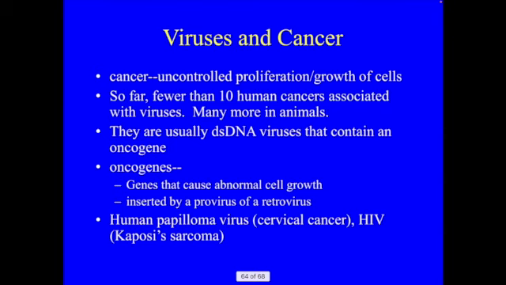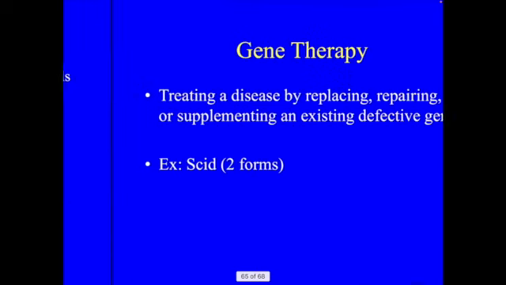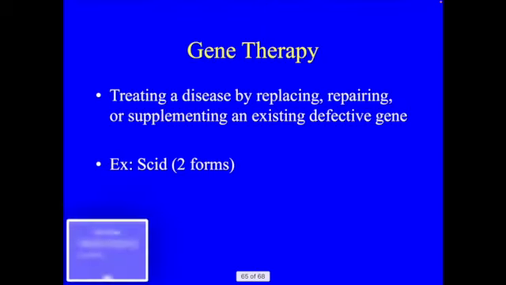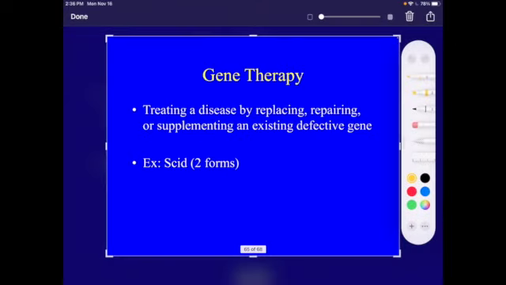However, viruses are not all horrible things. We can actually use viruses to our advantage to improve human health, and there are some ideas that have been bounced around over the years, so I thought I would give you an idea of how these work. Gene therapy. Gene therapy is replacing a defective gene with a healthy gene.